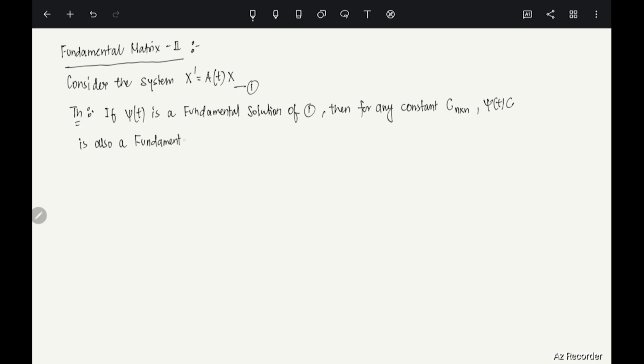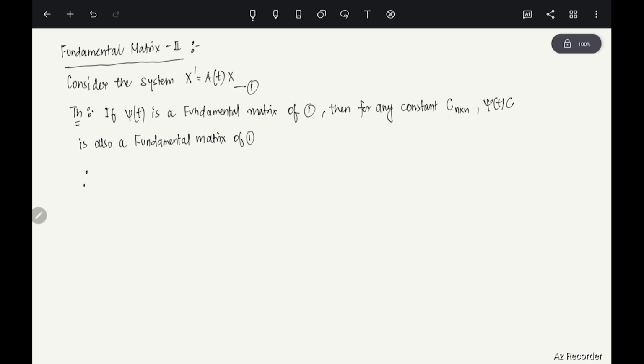I will also show that any fundamental matrix actually looks like this. Clear? So basically we know that this is the fundamental matrix.